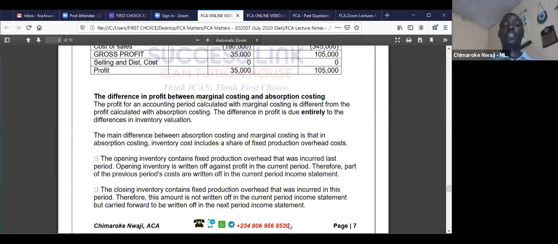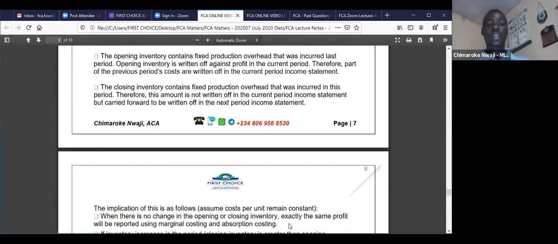Opening inventory is written off against profit in the current period. Therefore, part of the previous profit costs are written off in the current period. The closing inventory contains fixed production overhead that was incurred in this period. Therefore, this amount is not written off in the current period income statement, but carried forward to the next accounting period. So you can see the differences there.